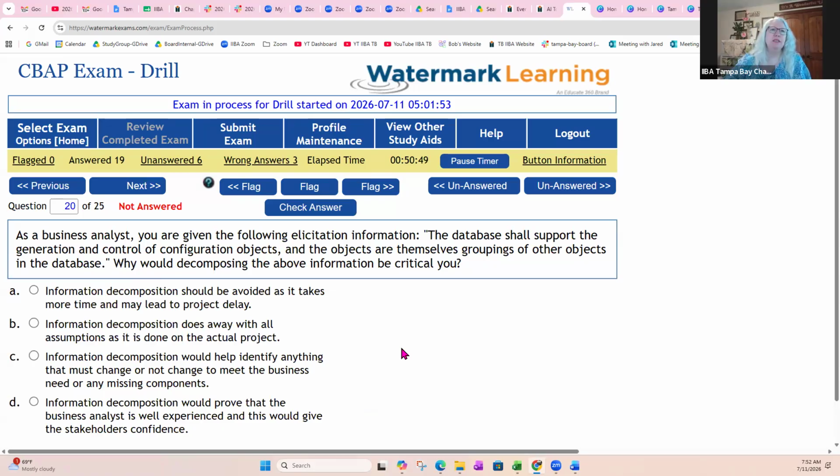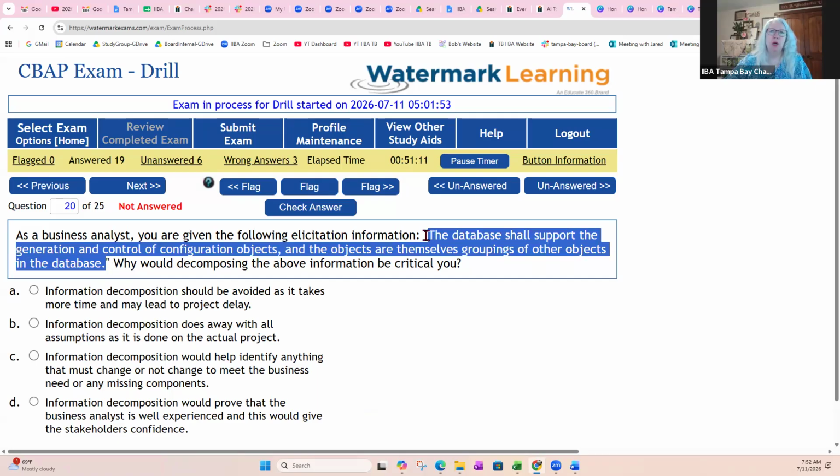As a business analyst, you're given the following elicitation information. The database shall support the generation and control of configuration objects, and the objects are themselves groupings of other objects in the database. Why would decomposing the above information be critical to you? So here's what we want to decompose, and why would we want to decompose it?